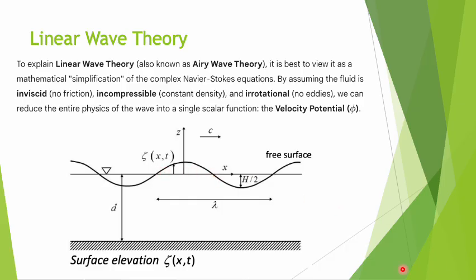By idealized, here I mean a two-dimensional wave, say in the xz plane, and the fluid is inviscid, no friction, incompressible, irrotational, constant depth, and finally these waves are small amplitude with respect to wavelength.